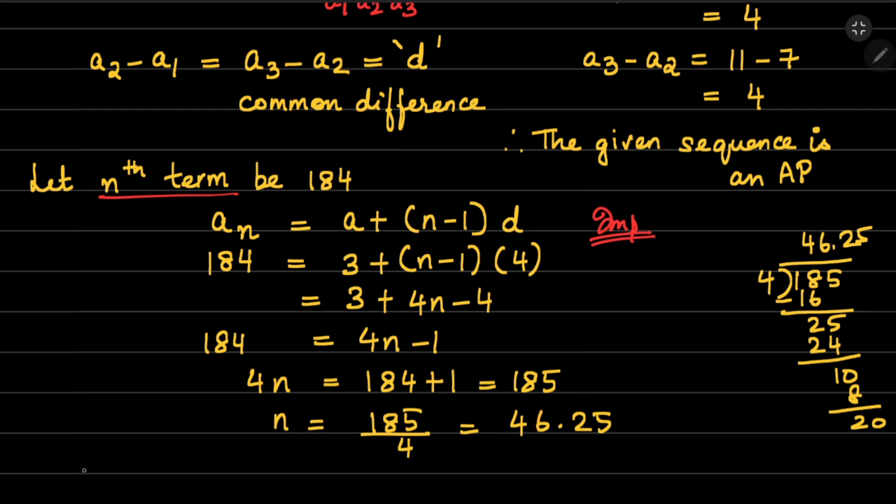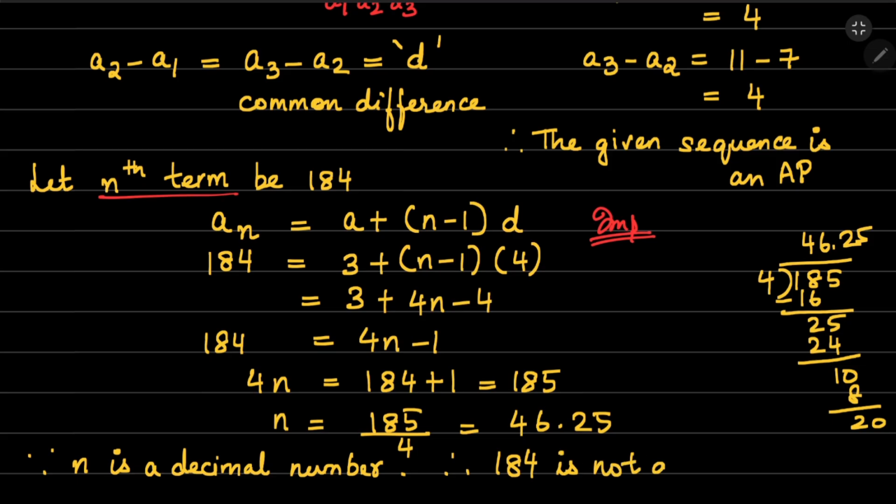So you can write, since n is a decimal number, therefore 184 is not a term of this AP.